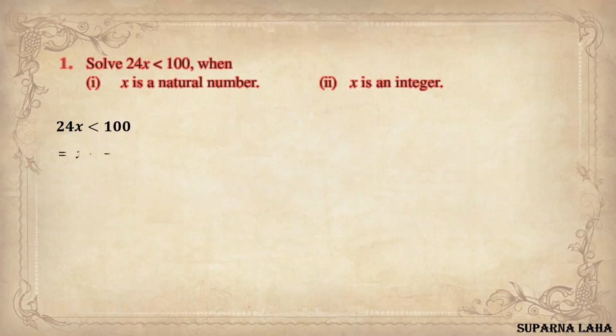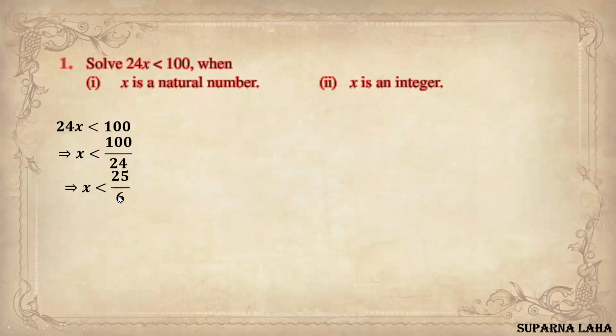So x can be written as less than 100 by 24, and if we simplify this 100 by 24, that means 25 by 6. Cut it by 4. So 4 into 25 is 100, and 4 sixes are 24. Clear? So that means we need to choose the values of x in such a way that it will be less than 25 by 6.